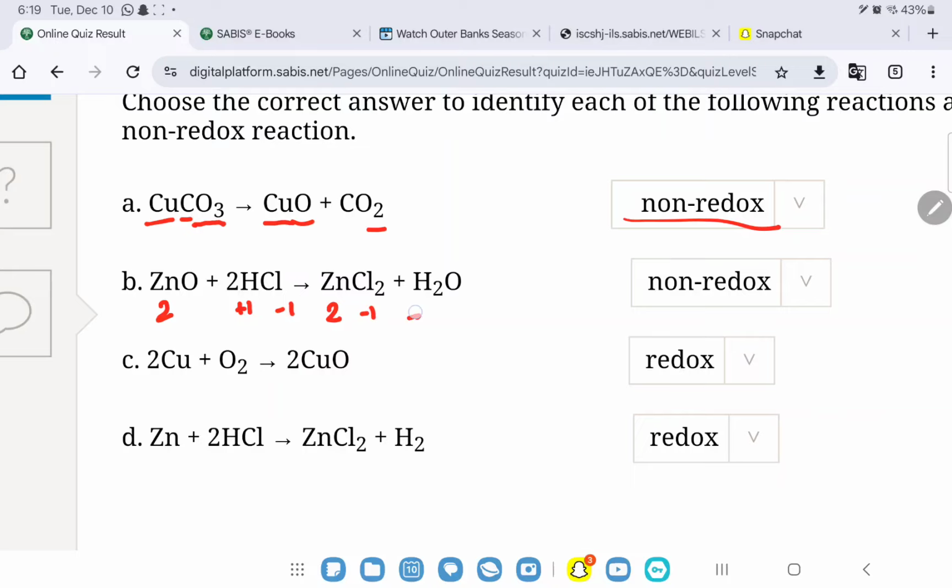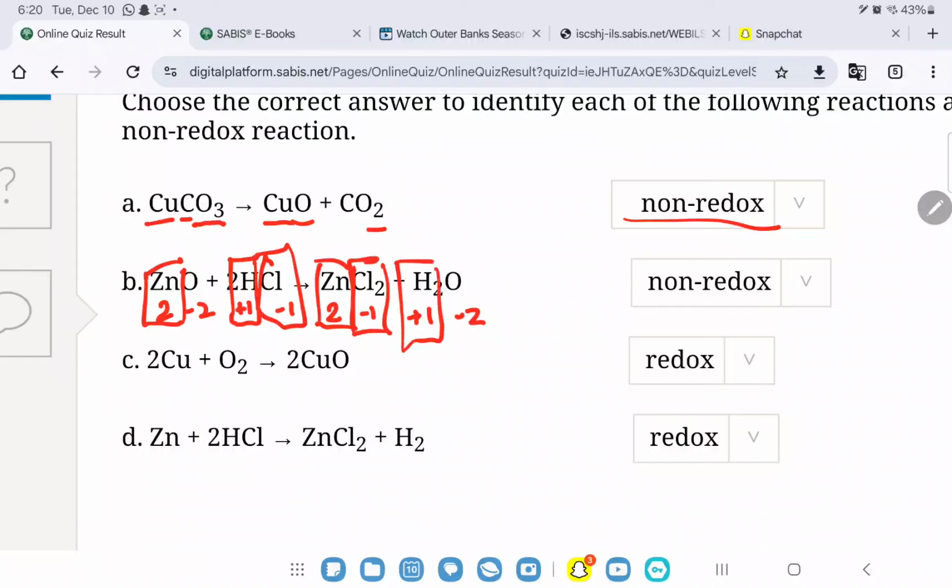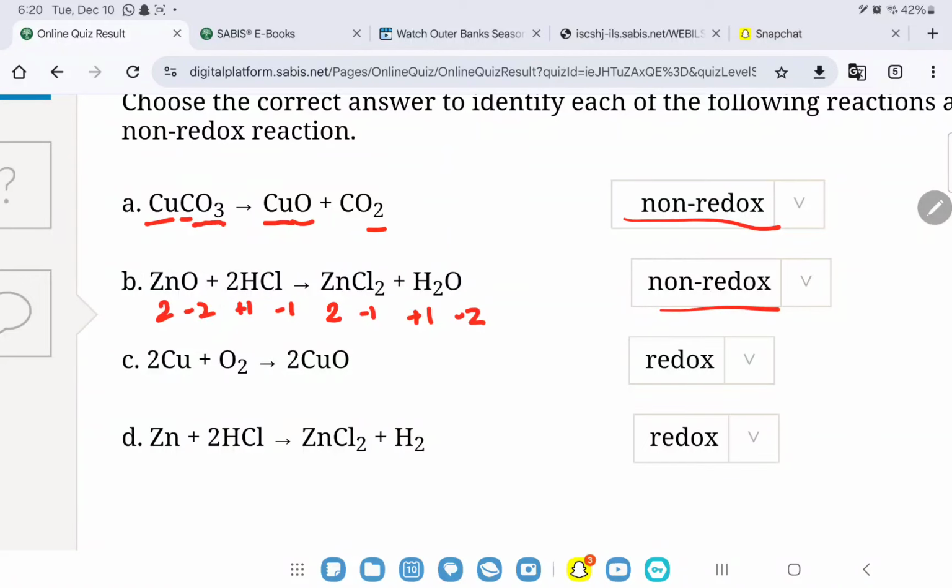H is positive 1 here. O is negative 2. So as you can see, Zn stayed the same, Cl stayed the same, H stayed the same, O stayed the same. There was no change, so this is not a redox reaction. Now, let's see the next one.